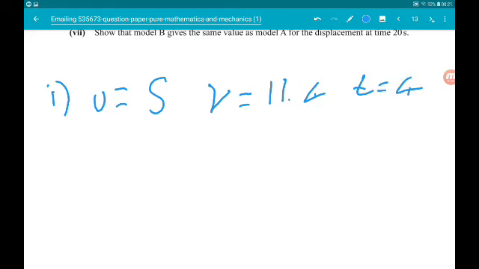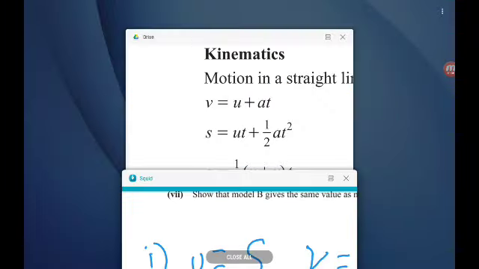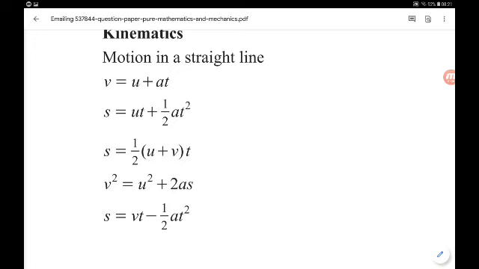Now, using those three things, we can work out the acceleration. So, we know that v is u add at. So we're going to use this equation twice. Once now to find acceleration, and then again for our equation for the velocity.